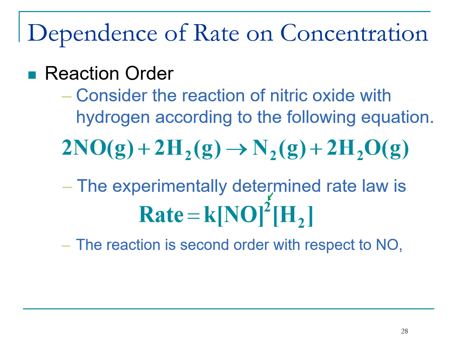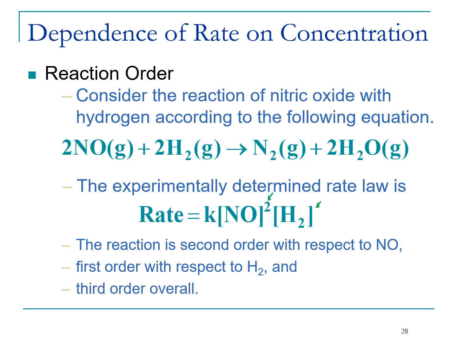It is first order with respect to H2, because my exponent here is a 1. And then the total order for the whole reaction, you add the exponents together. So it's third order overall. 2 plus 1 is 3. So it's second order with respect to the NO, first order with respect to the H2, and third order overall.